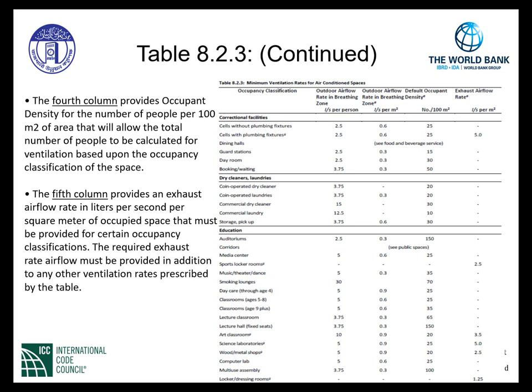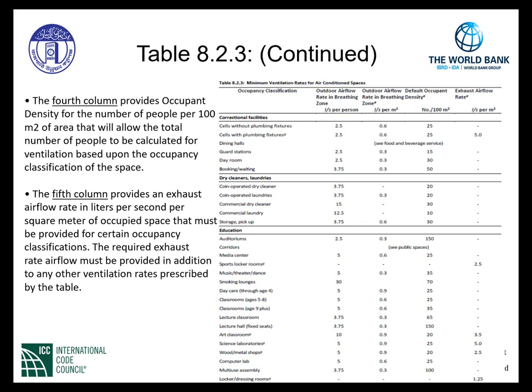And as you can see, the very last column indicates that there is an exhaust airflow rate for sports locker rooms at 2.5 liters per second per square meter. That has to be considered when designing and installing these ventilation systems for sports locker rooms.